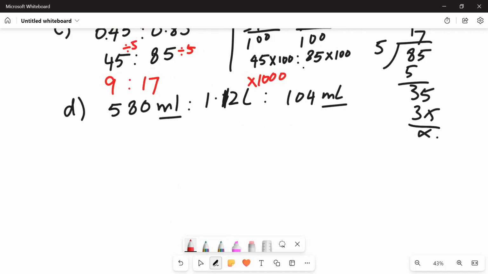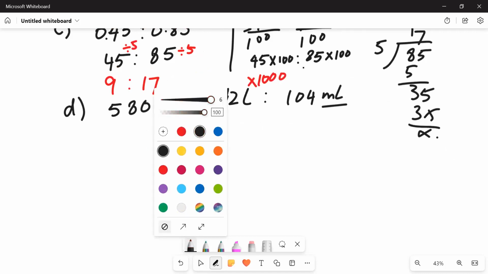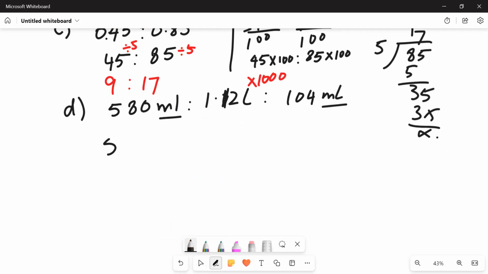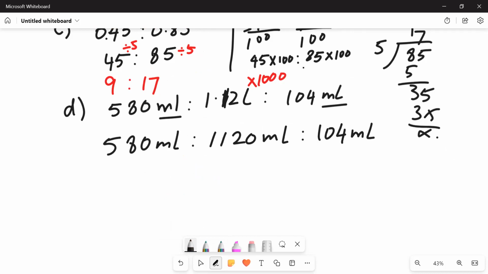Here it is 580 ml, and this one will be 1120 milliliter, and then 104 milliliter. Now we changed this into milliliter.